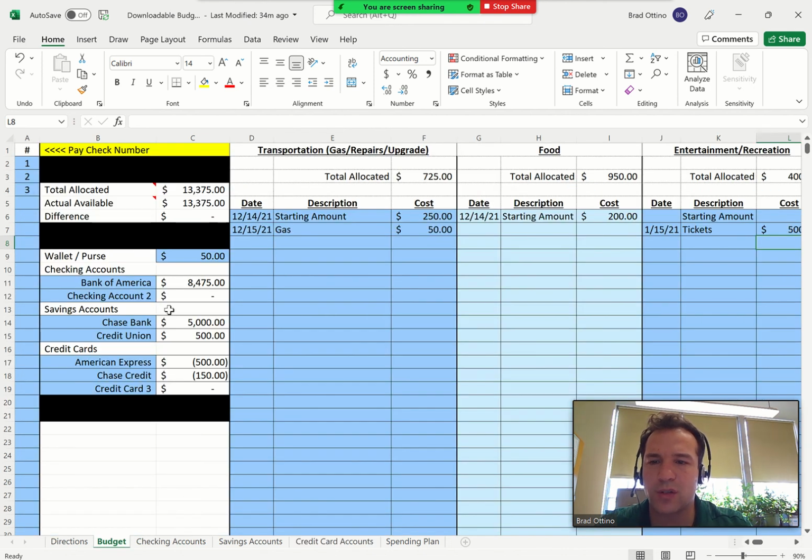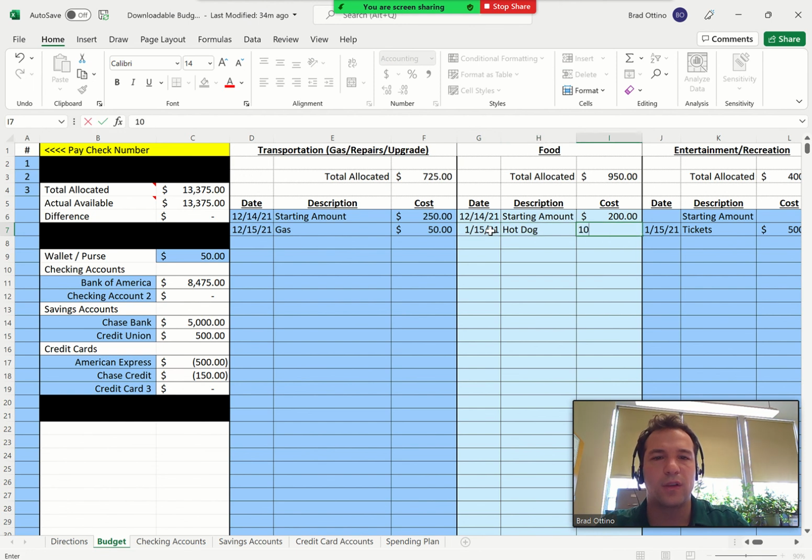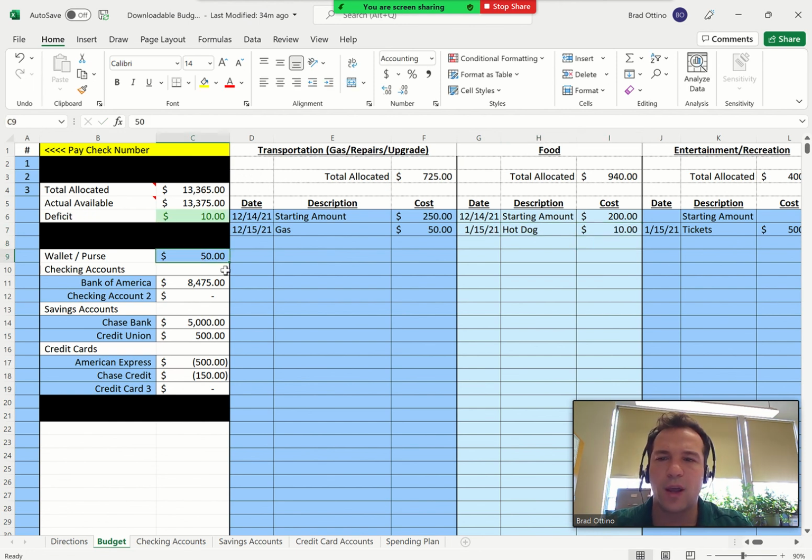You could see a quick snapshot of how much you have in each of your accounts. And let's just do one if you have money on hand. Perhaps you went to a football game and you spent $10 on a hot dog. Put that under our food category. And I'm going to subtract the amount of money I have in our wallet or purse by $10, so that's $40. Everything is still balanced.